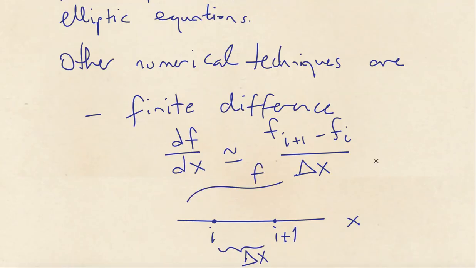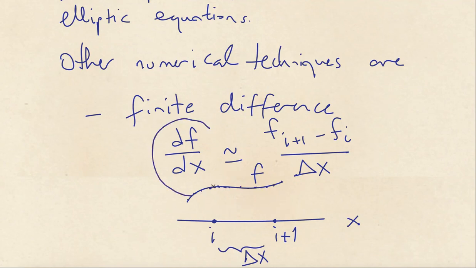The governing equations are differential equations, and usually they are continuous or discontinuous, it doesn't matter, but we are able to define f at any point in space, so infinitely many points. And we're not able to solve or find the solutions at any point in space. That's why we use numerical techniques: I'm trying to find a solution at the desired points, and this requires a discretization of the problem.